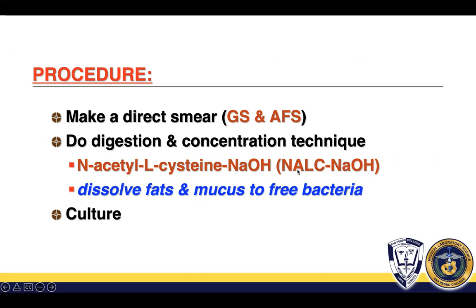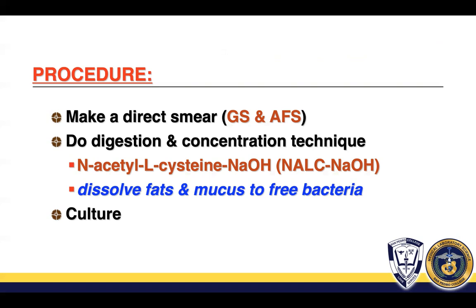Maybe the organism is there, it's just that it's wrapped around fats and other proteinaceous material, covering your vision. So you're not able to identify them on the smear. So why not remove other materials to expose the acid-fast organism?